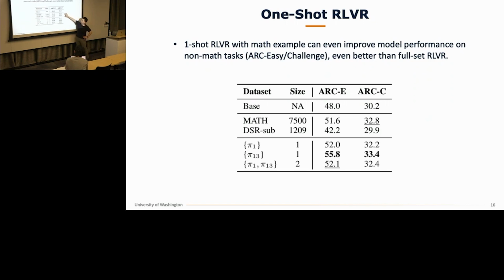Here we can observe similar behavior as the math data set. We only use one or two training examples for reinforcement learning, and you can even get higher accuracy compared to using the full data set. Remember, these are math training data, and they can improve other reasoning capabilities as well.